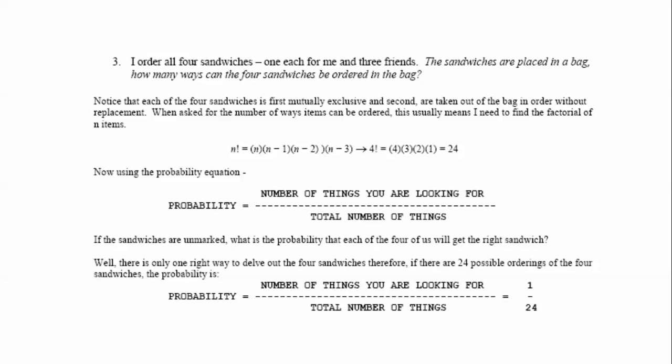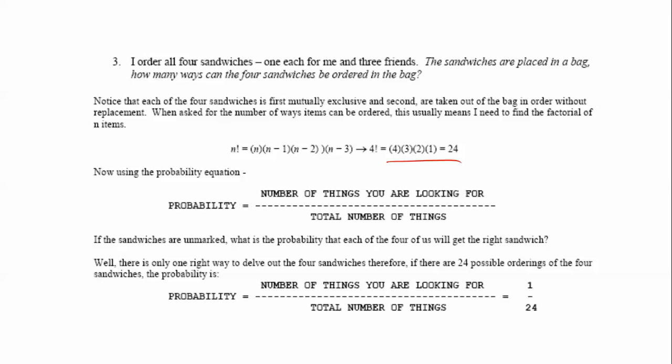The denominator is the number of ways that I can pull the sandwiches out of the bag. The denominator is the ordering. There are 4 possible events, so I take the factorial of 4 times 3 times 2 times 1, and I see that there are 24 possible ways.